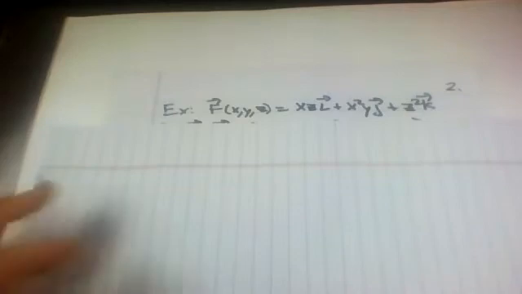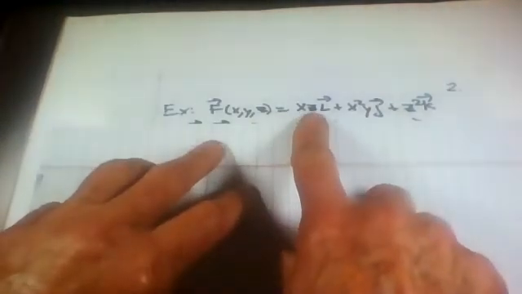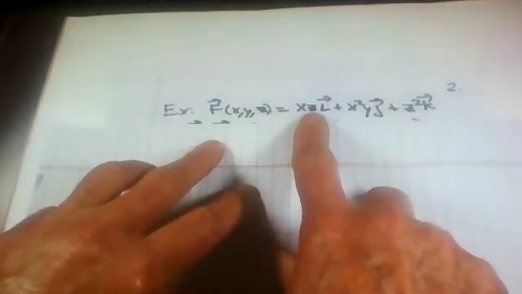Let's try that for an example here. Suppose, and I can do this in higher dimensions too, I have this vector field in 3-dimensional space. Its first component is xz, that's the component in the i direction.